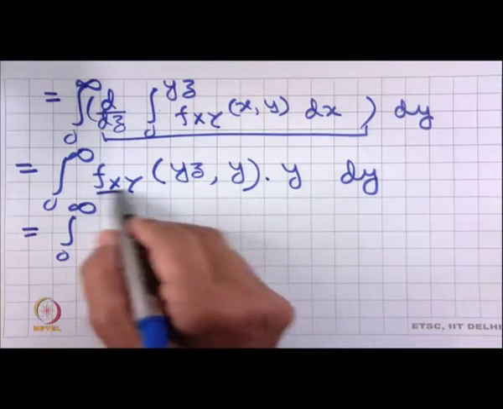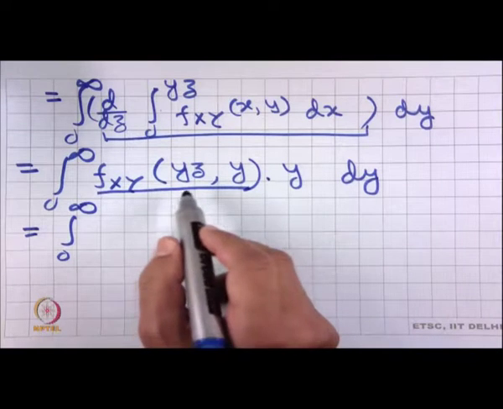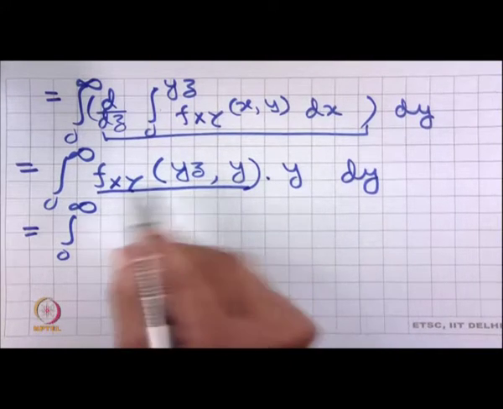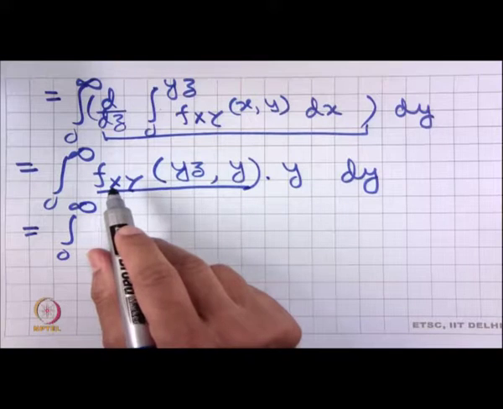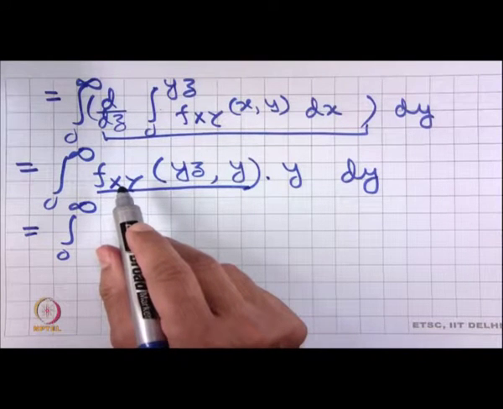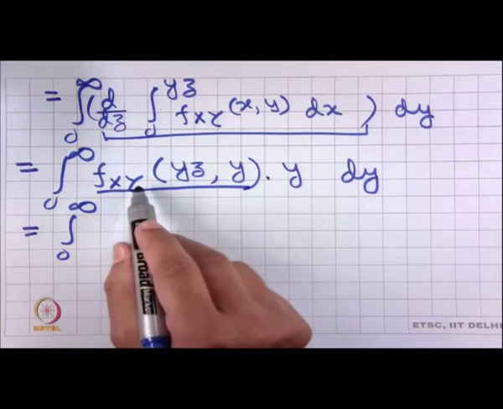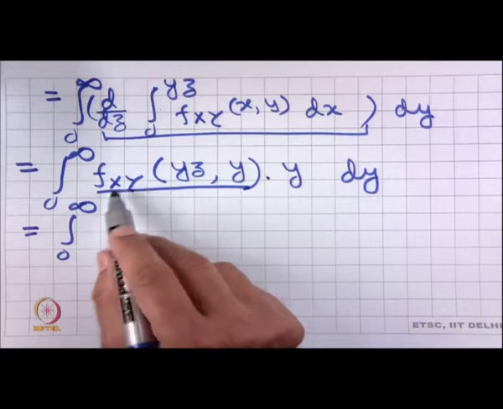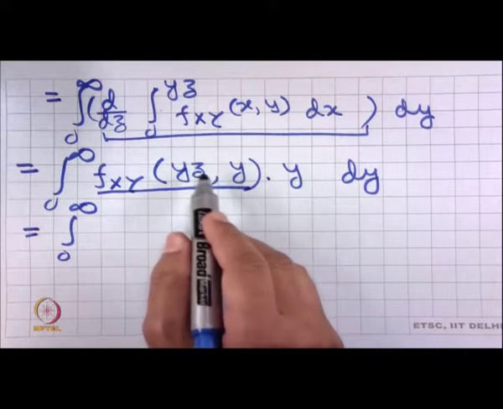What is f x y? X is exponential with lambda and y is also exponential with lambda, and they are independent.